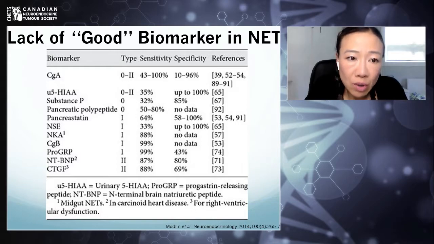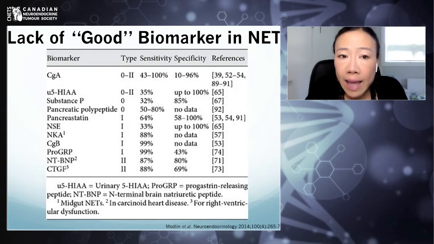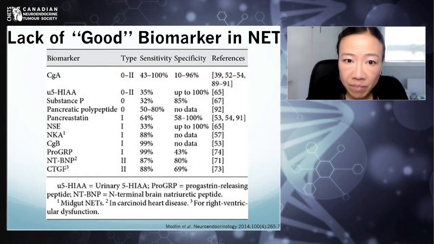Only the top two, chromogranin A and urine 5-HIAA, may be considered type 2 biomarkers and can have higher sensitivity and specificity depending on the cutoff and depending on the study, not the rest of them.